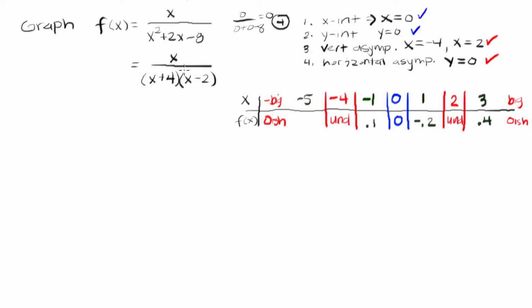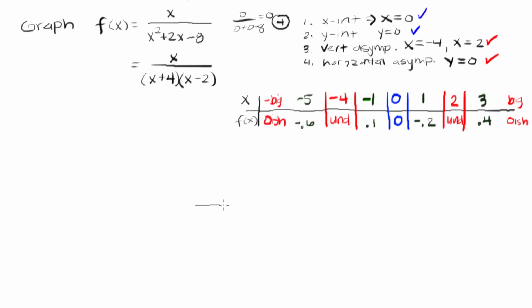When I plug in -5, I get -5 on the top, I get -1, and then I get -7. So I get 3 negatives, which gives me a negative, so I get -5/7. I could write that as about -0.57. Let's go with 0.6. It's close enough.